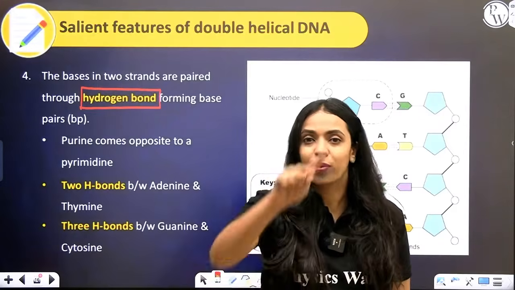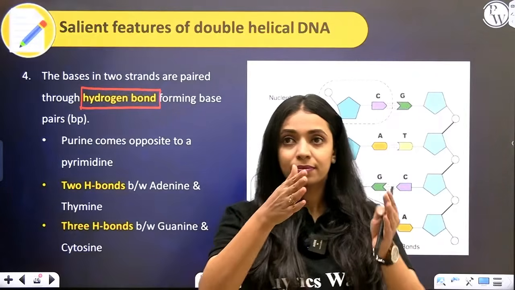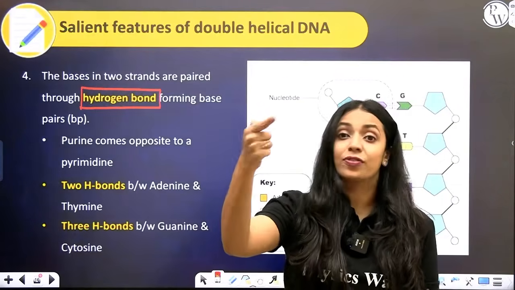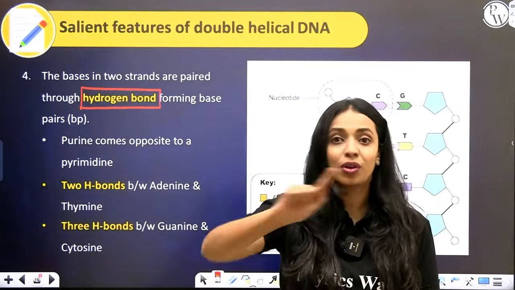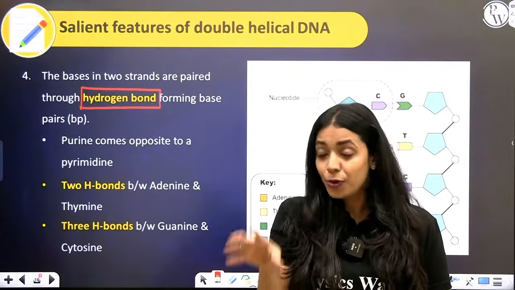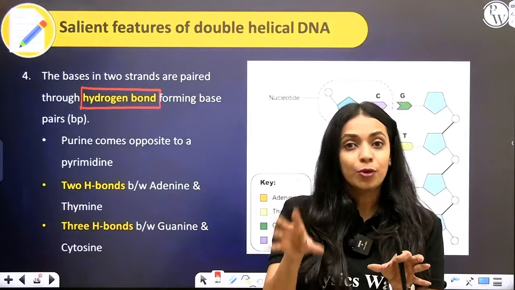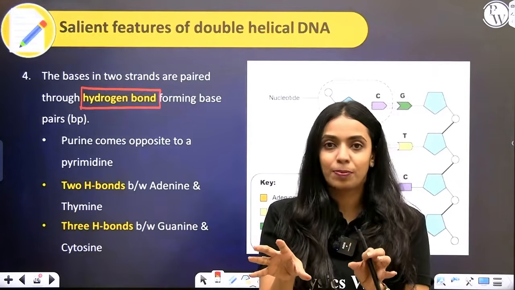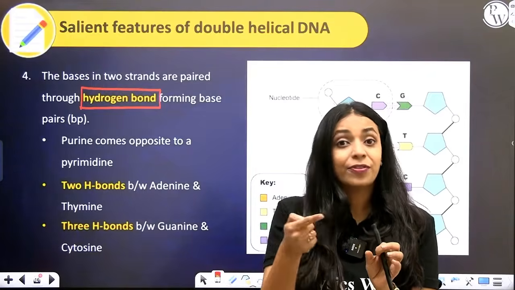If you've noticed, whenever we draw DNA, there's no variation in its width. Throughout the length of DNA, it's of equal width, it's of uniform width. That is maintained because every time a purine pairs with a pyrimidine. Purine has 2 rings, pyrimidine has 1 ring. So if a purine comes with a pyrimidine each time, the width will be maintained.